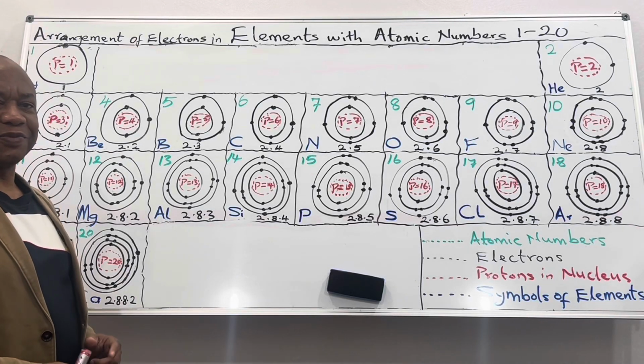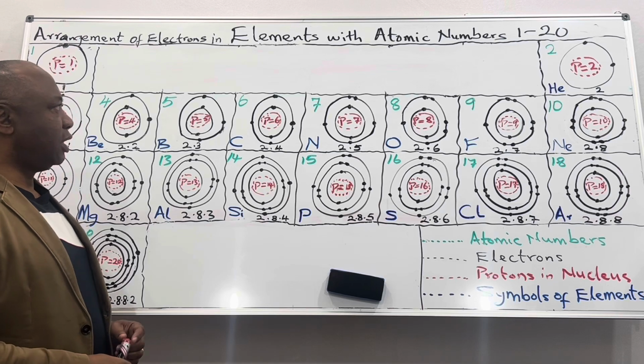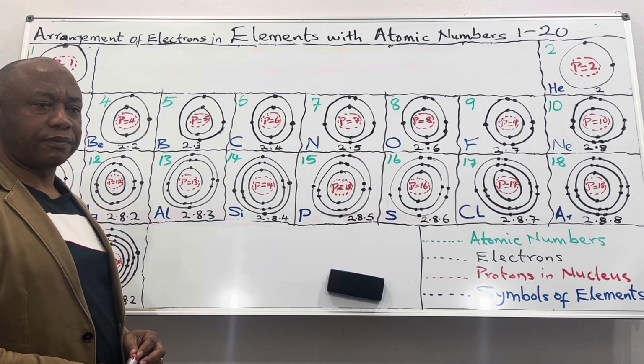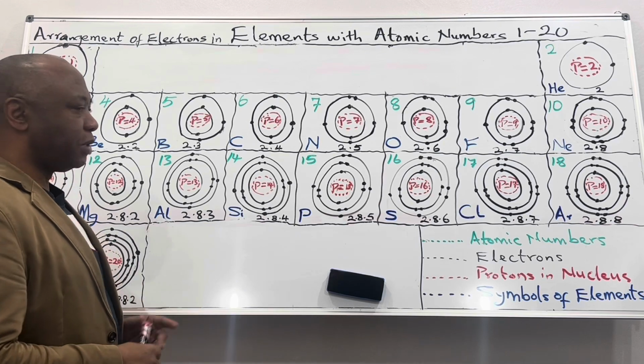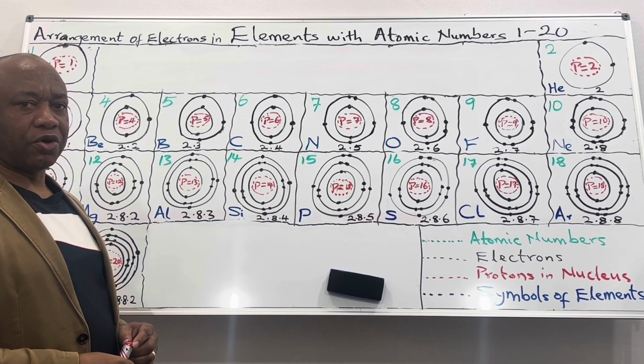Hello friends, this session is about arrangement of electrons in elements with atomic numbers 1 to 20. Arrangement of electrons is also known as electronic configuration.